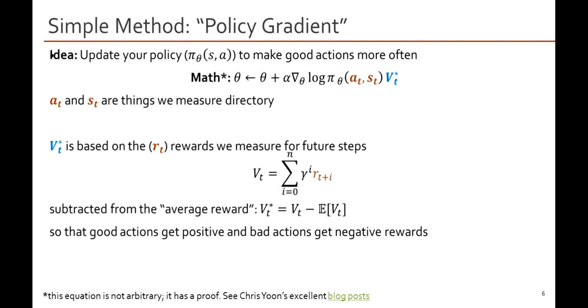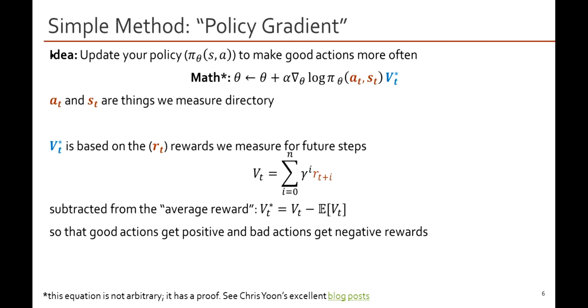Here, my goal is to take a policy, where, again, I'm using that pi notation where I define the probability of choosing a certain action given a state, that's parameterized by a set of parameters theta, such that this policy will choose good actions more often.